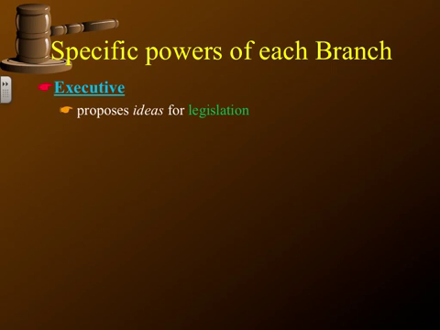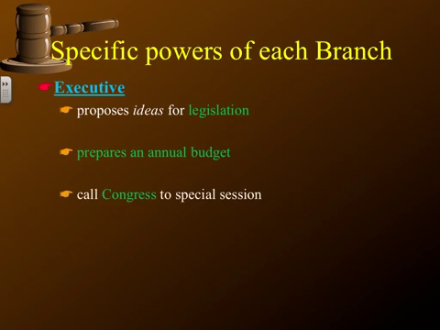So when the executive branch proposes ideas for legislation, this is a check over Congress. So it's a check over the legislative branch, so that's why it's in green. When the president prepares an annual budget, that is an executive check over Congress. So they are checking the legislative branch. That's why it's green. When the executive branch calls Congress to special session, they are checking the legislative branch.